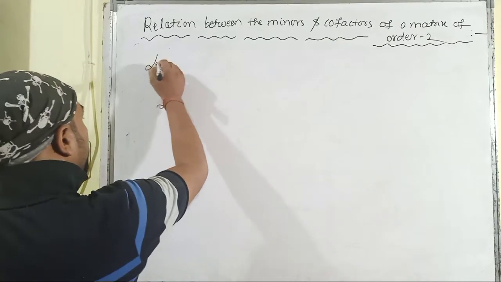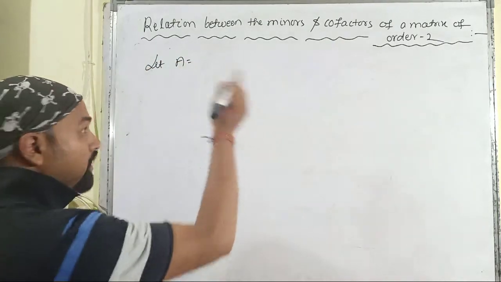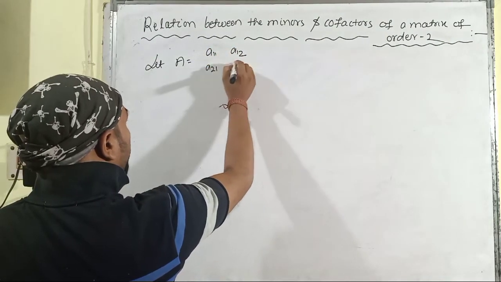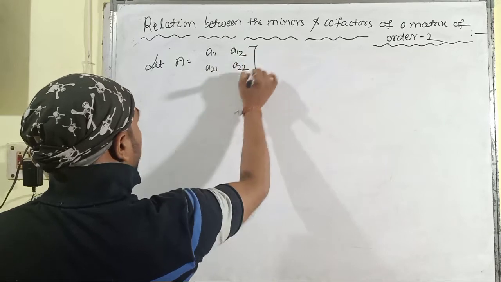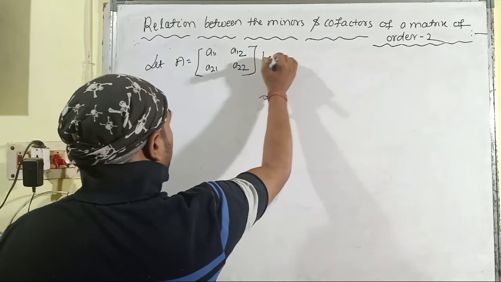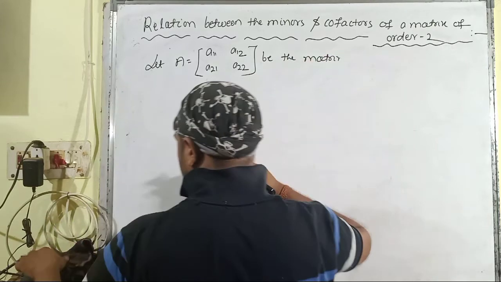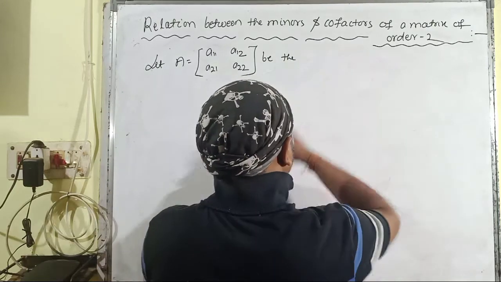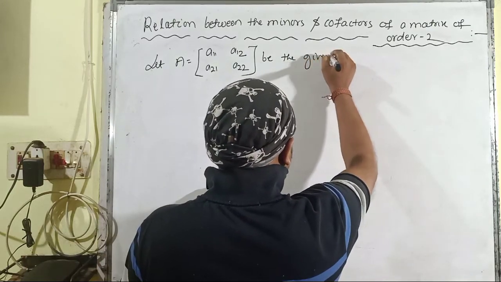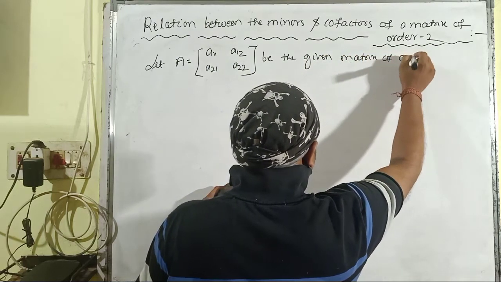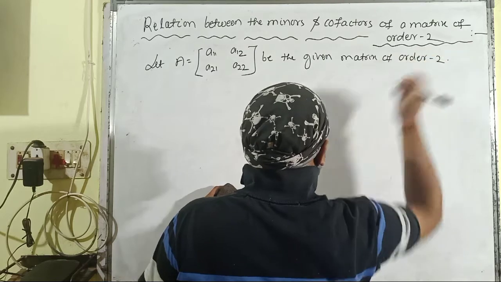So let us consider the general form of the matrix, which is defined as A11, A12, A21, A22, the given matrix of order 2.